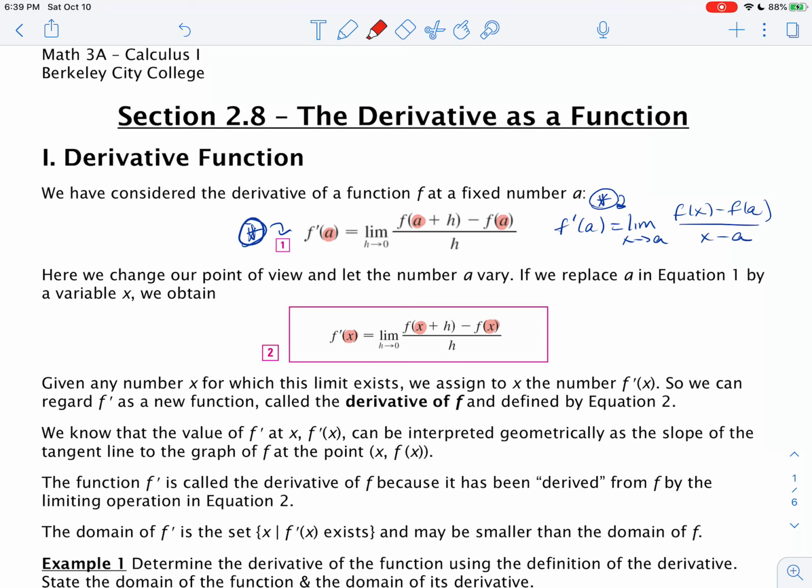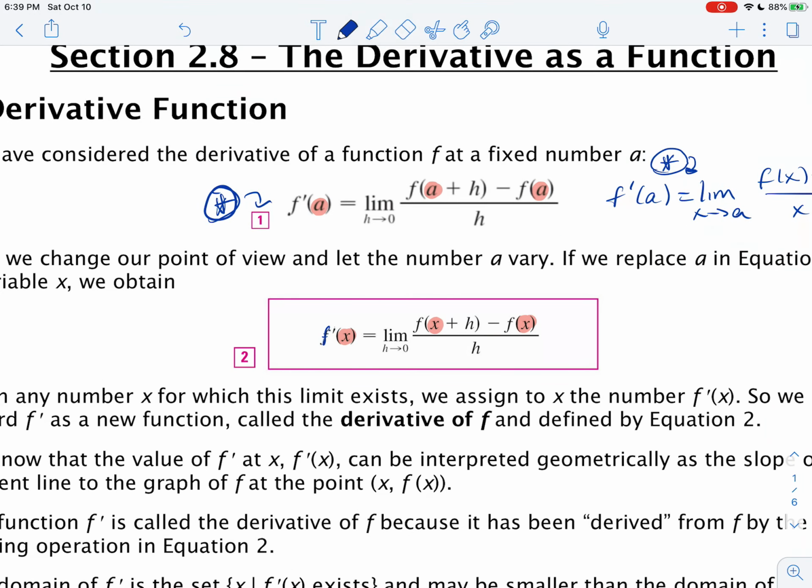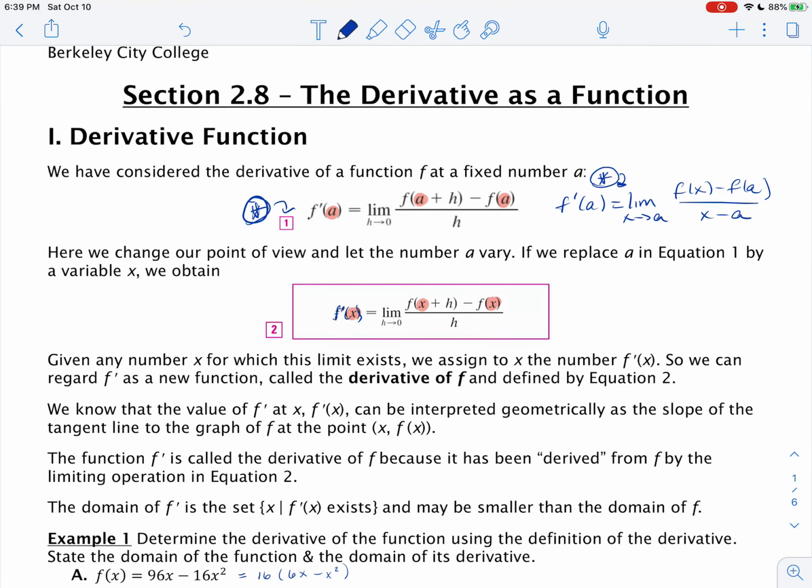As those 2 points get closer and closer together towards a, we will find the derivative at a. But when we replace with x, we come out with a function. And this function has the notation f prime of x. Good. And we'll call it the derivative of f.